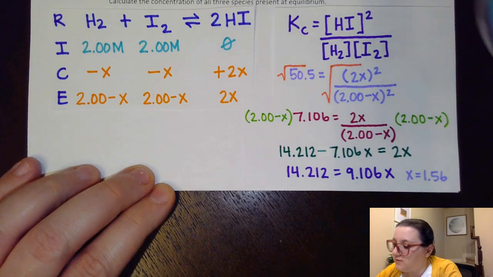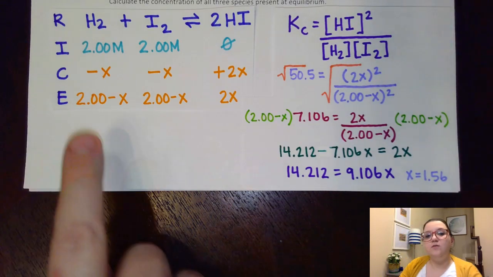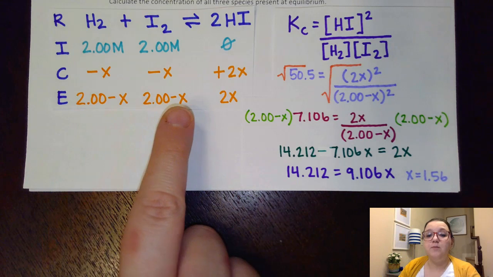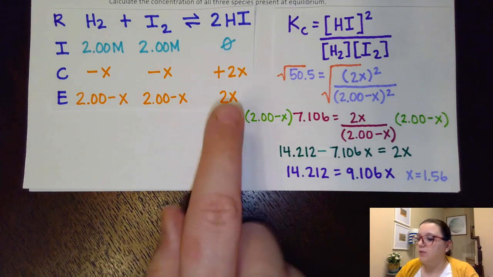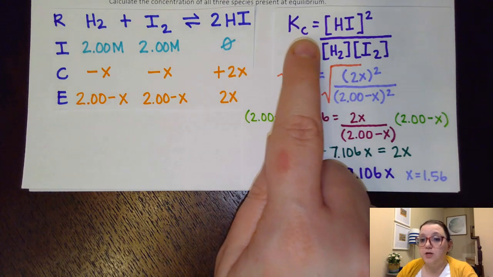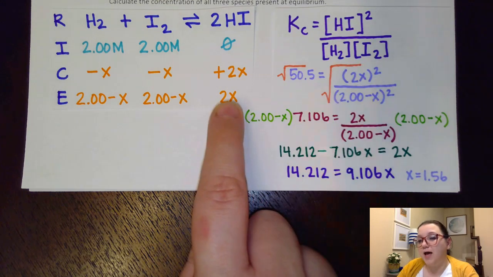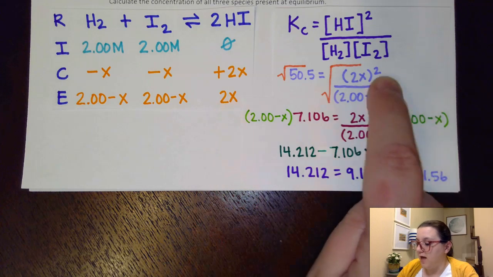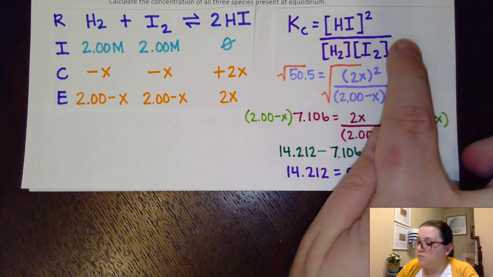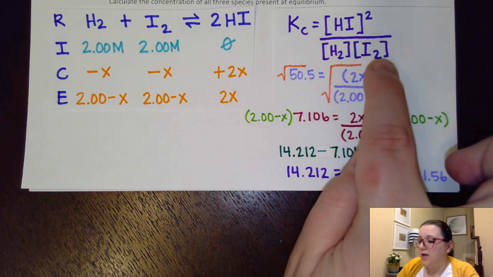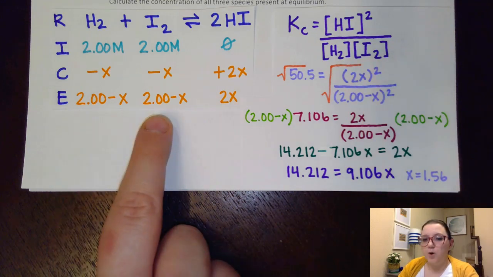Okay, so what I did first is I took the information from E here in my RICE table, and I plugged it into this Kc expression. So for the HI, I plugged in 2x because that's what I had here, and so I squared that. And then I set that over H2 and I2. Now, H2 and I2 were both 2.00 minus x.